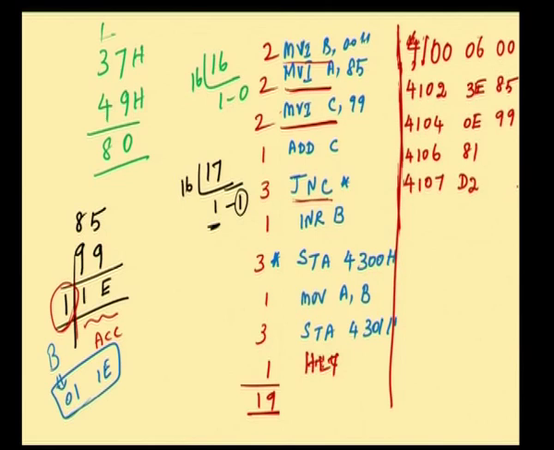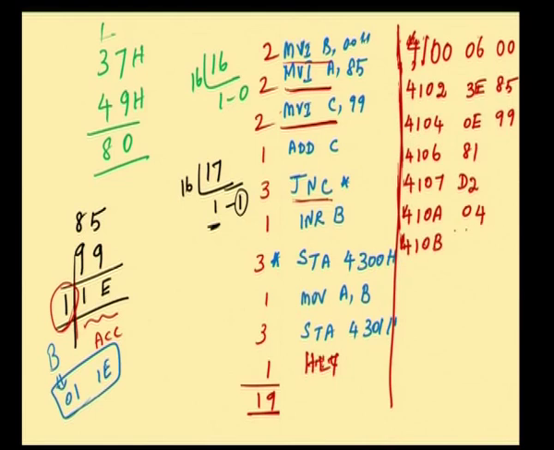Then I have to write the address, but I do not know the address, so I will leave the space and also allocate the address. So 4108, 4109. Then I will write the address at 410A, which is INR B. INR B is 04. Then 410B.